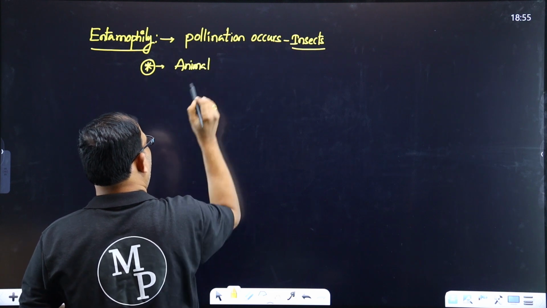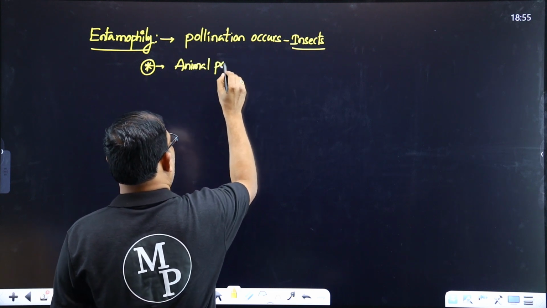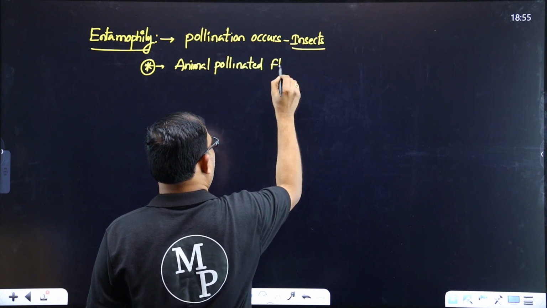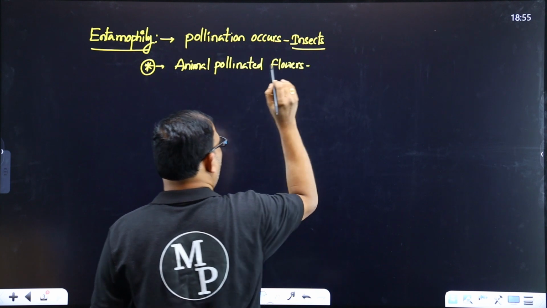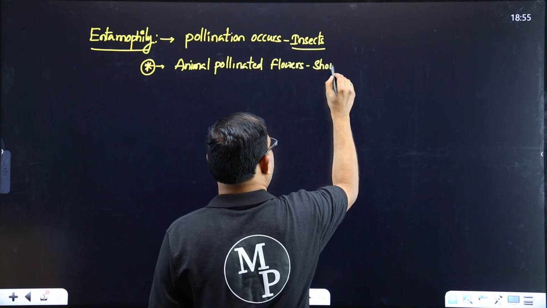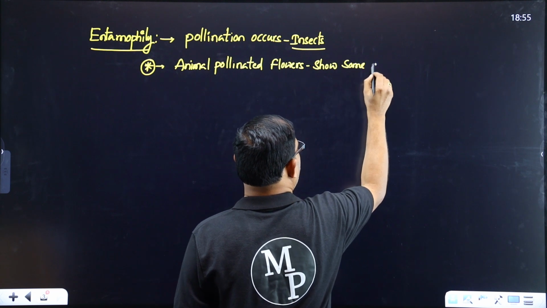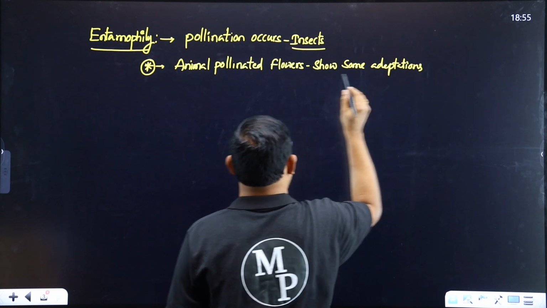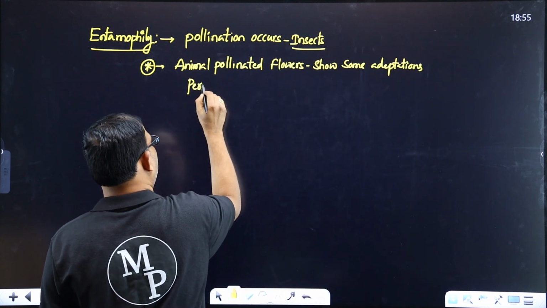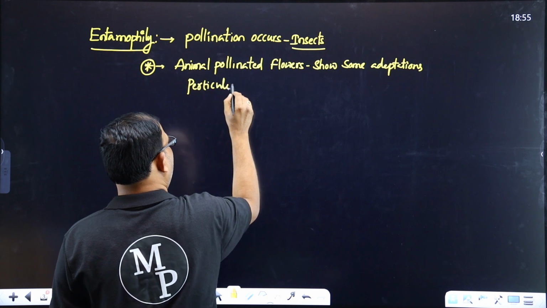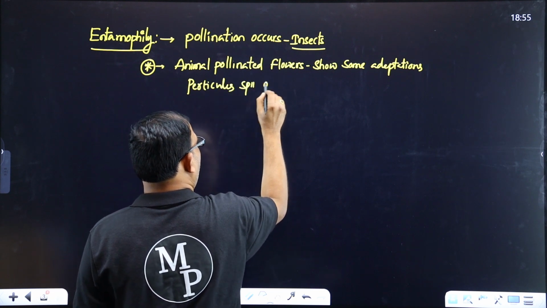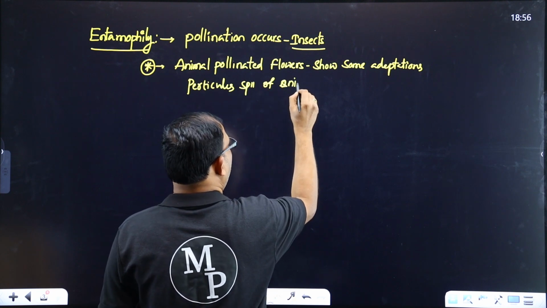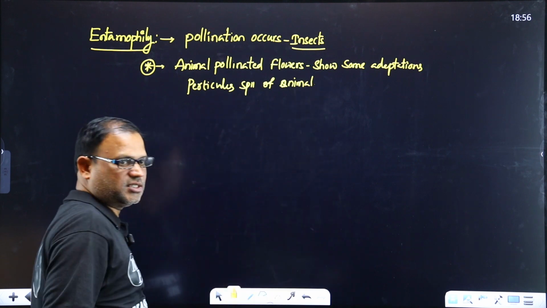Animal pollinated flowers show some adaptations to particular species of animal. Okay, right? We'll see now what are the adaptations in that.